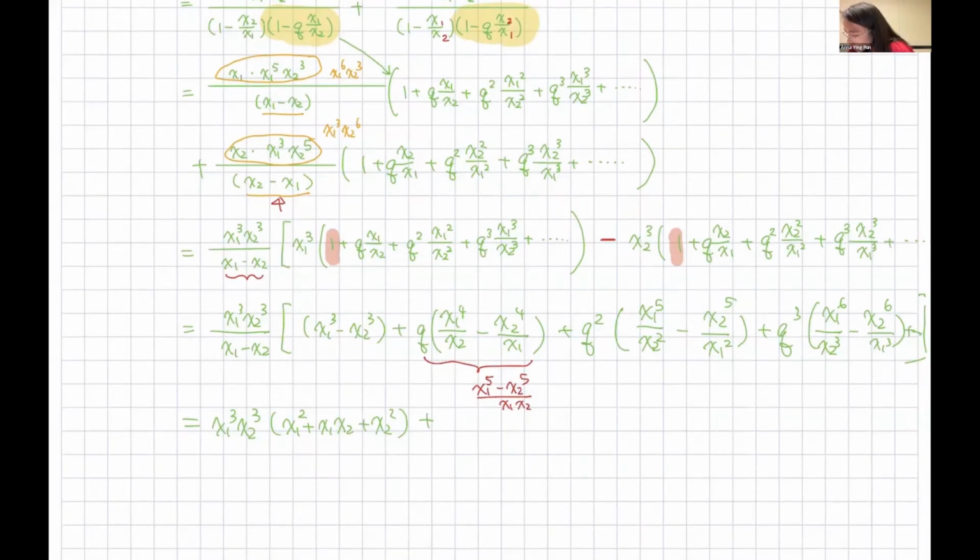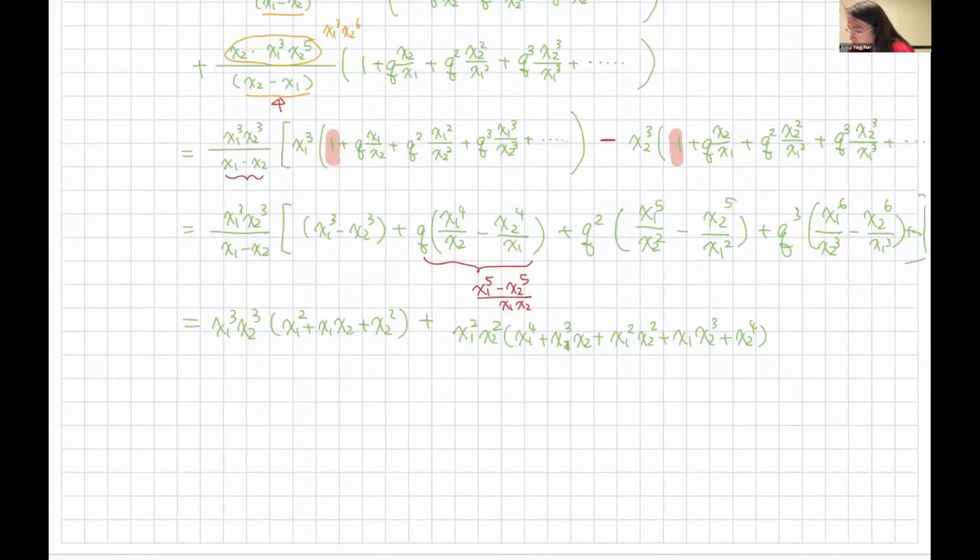This time I have x1 squared x2 squared times x1 to the 4, x1 cubed x2, x1 squared x2 squared, x1 x2 cubed, plus x2 to the 4, right? That's with the q. And then the next one is q squared, x1 x2, x1 to the power 6. Why is that? I'll just take it slowly.